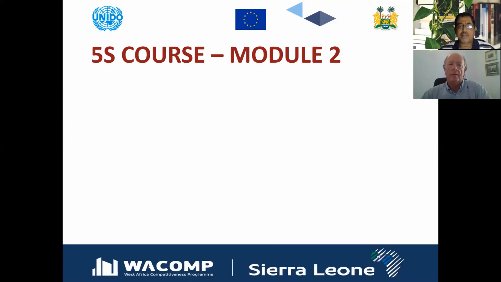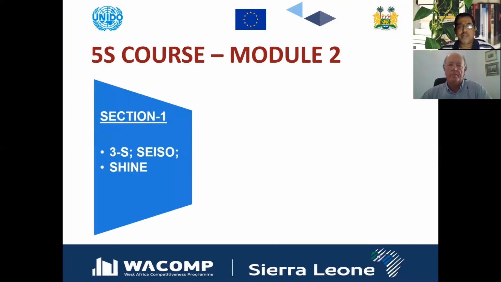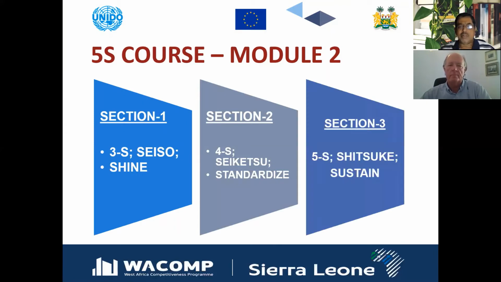In this 5S Module 2 course, we have divided the content into 3 main sections. In the last module 1, we discussed the first 2 S's of the 5S. Now in this module 2, Dr. Nigel and I will discuss the remaining 3 S's. We have converted each S into a section.